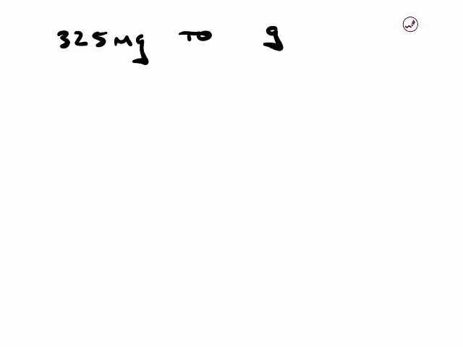In order to do this conversion, you need a metric equivalent statement. Recall that 1 gram equals 1,000 milligrams. So this is called an equivalence statement. And from one equivalence statement, we can generate two conversion factors. A conversion factor is nothing more than a ratio or a fraction that relates the units to one another.